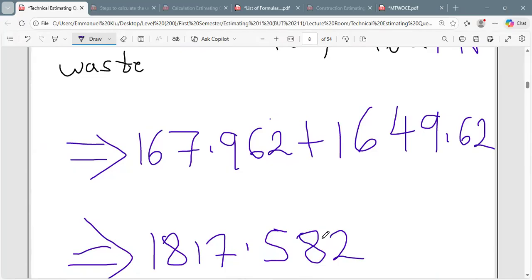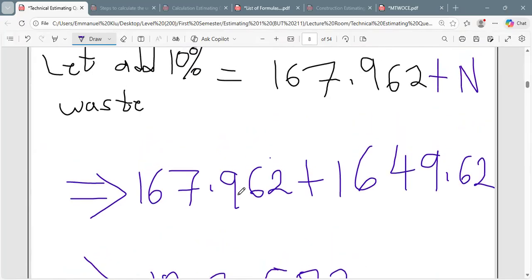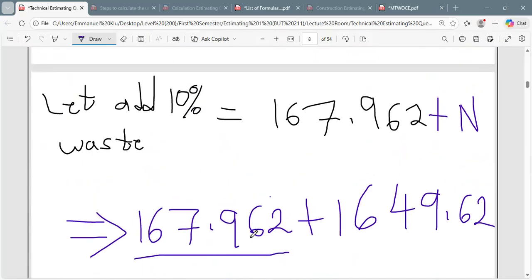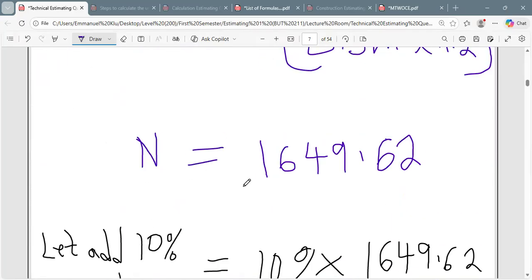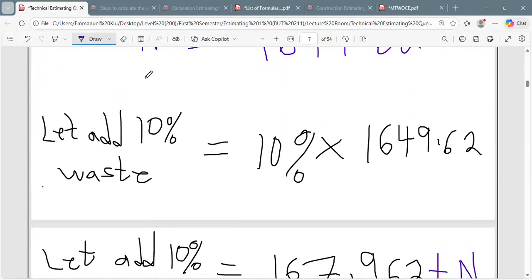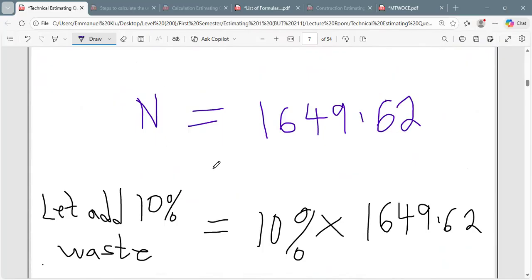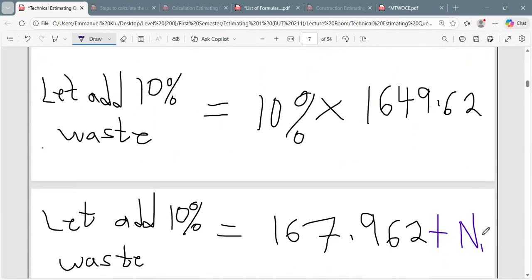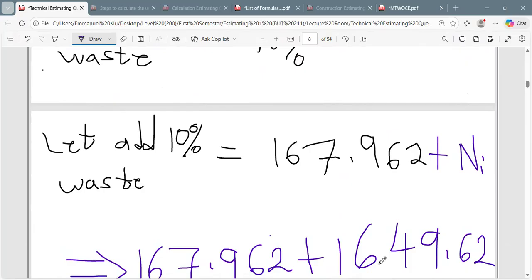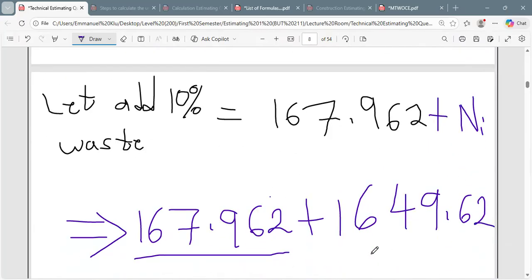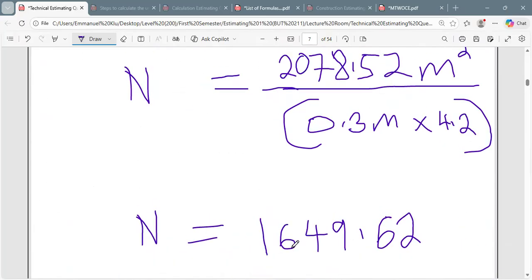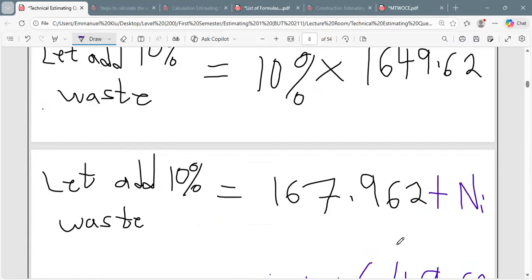So after adding the 10% wastage to the number that we had initially, if I write here NI, you should know that is the initial number we had, 1649.62.